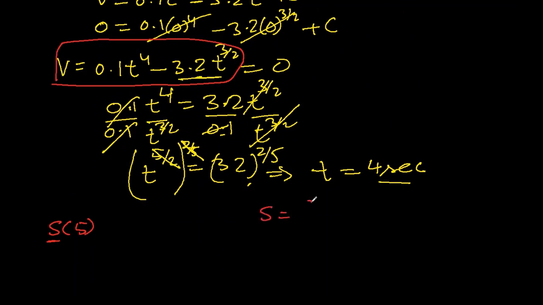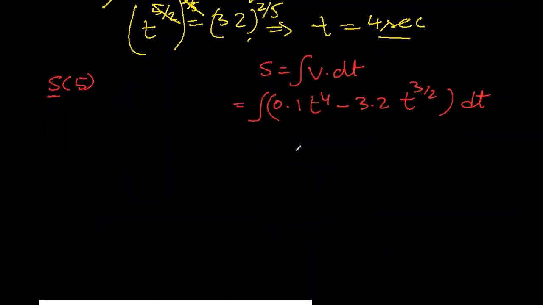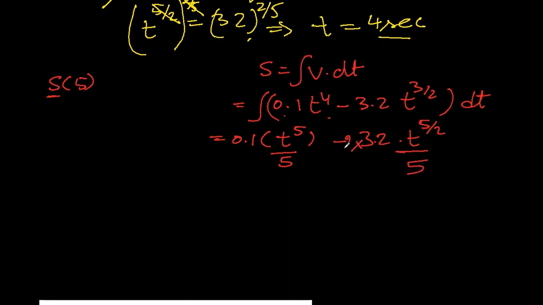So S equals velocity integrated with respect to time, the integration of 0.1 t to the power 4 minus 3.2 t to the power 3 over 2 dt. Again a constant multiplying a variable, so the constant remains: 0.1 t to the power 5 over 5 minus 3.2, t to the power 5 over 2 over 5 over 2, plus c.